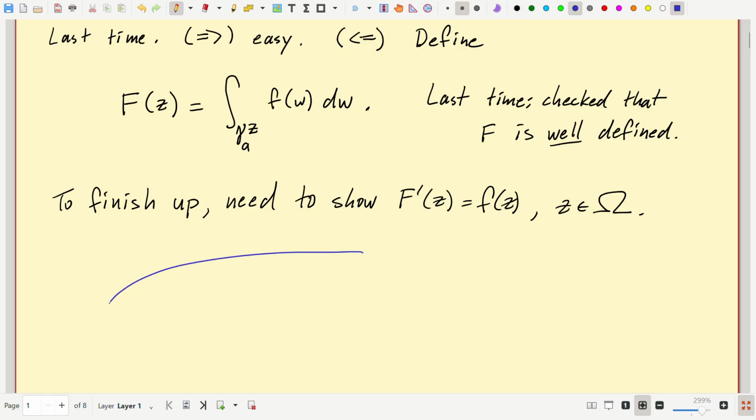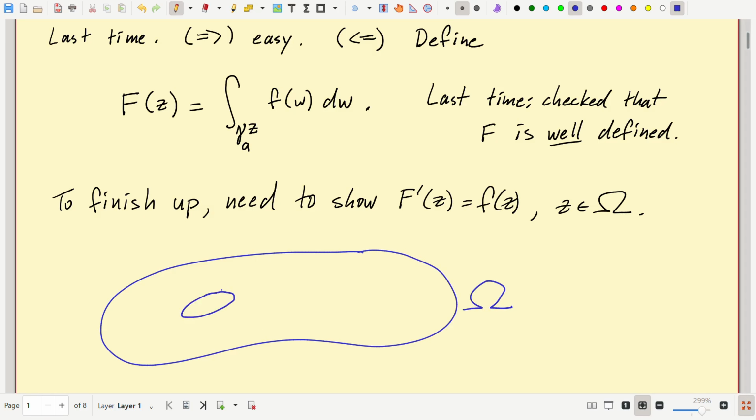So here's my omega. It's a blob. It could have a hole. And let's say I want to show that this thing is differentiable at a point. Here's A, and let's make it near a point z naught. I want to calculate a complex difference quotient in this little purple circle here.